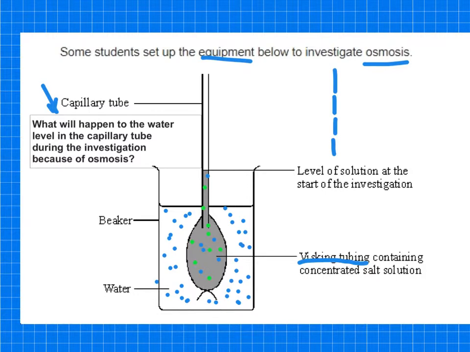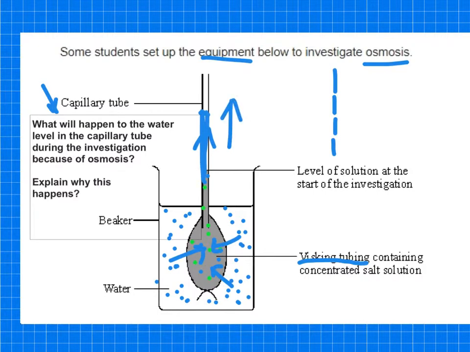So in that case, water will move into the visking tubing, and if water moves into the visking tubing, what will happen in the capillary tube? Well, the water level will rise.